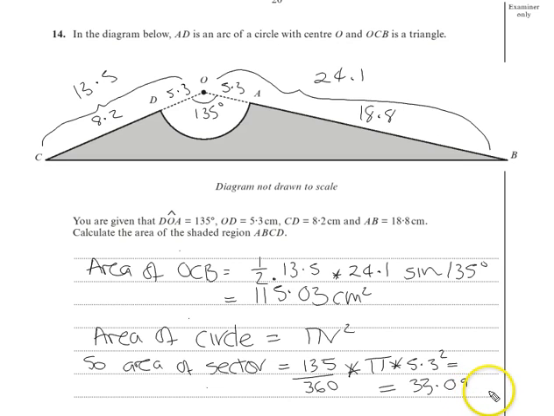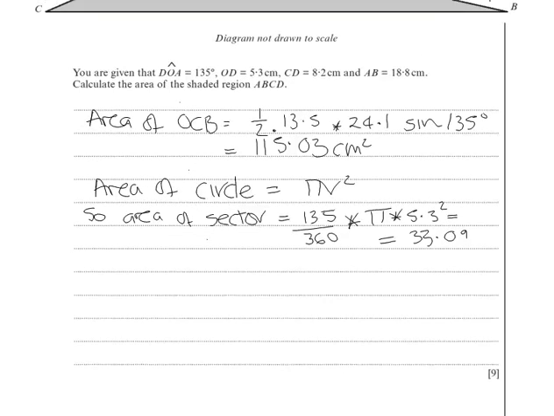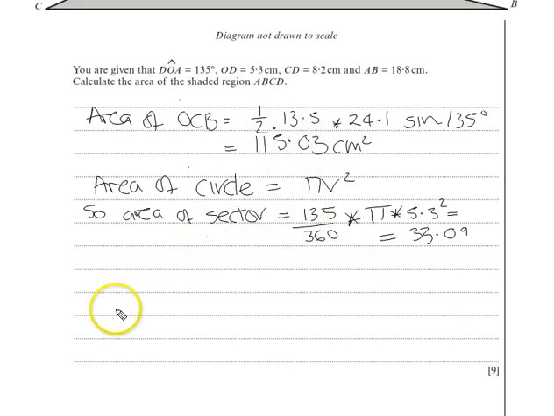So then the shaded region will be the difference, won't it? We cut away the sector from the triangle.